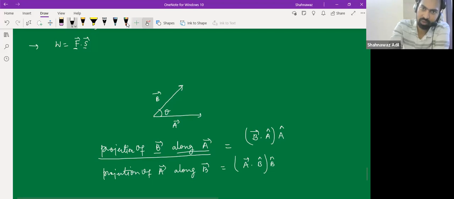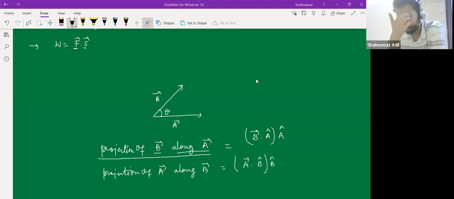Okay, so you did not understand. I am talking about this: I have this A vector, and this is another vector B, which is making an angle theta. What I did there is I am taking the projection. Projection means that I drop this B vector in this direction, so then this will have some component and the direction.